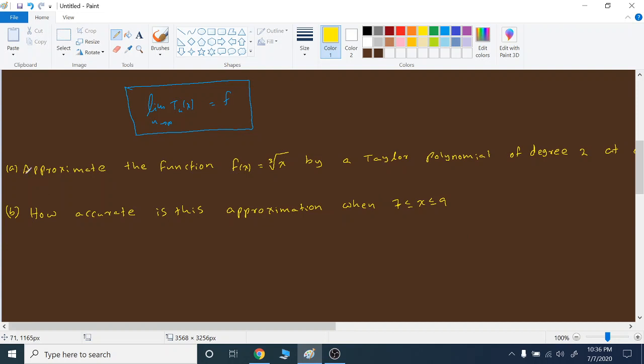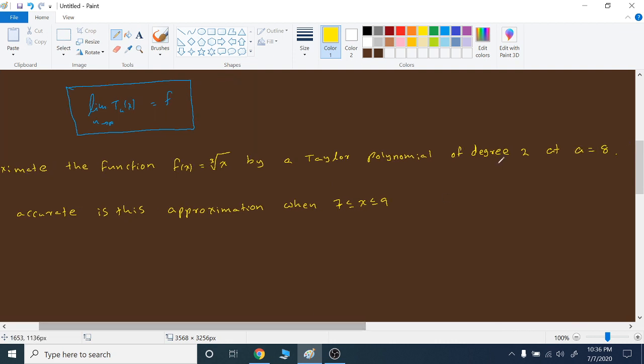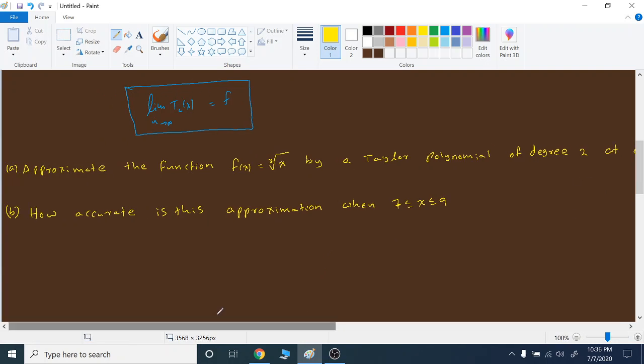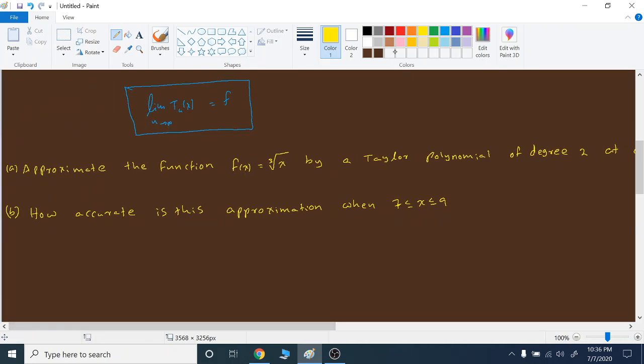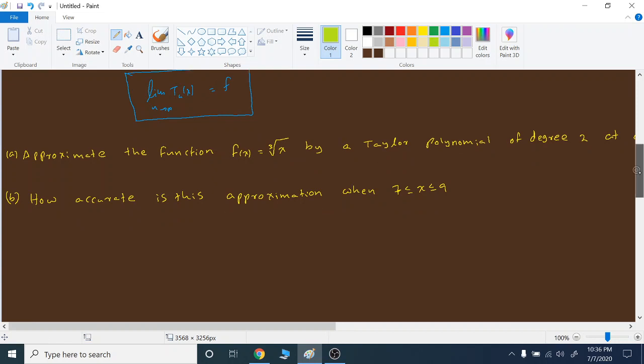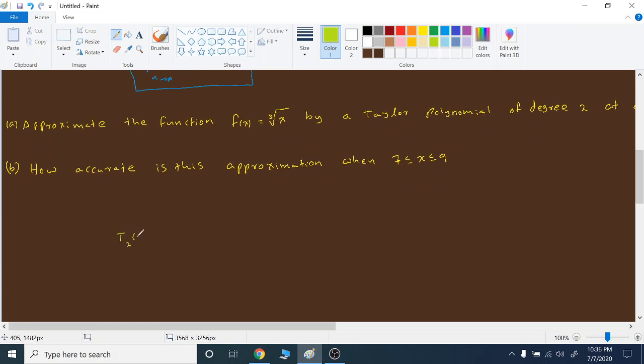It says approximate the function f(x) equals the cube root of x by a Taylor polynomial of degree 2 centered at 8. First of all, let's try to write down the Taylor polynomial of this function centered at 8, and since they have asked for the Taylor polynomial of degree 2, that means we need to find T2(x), right?